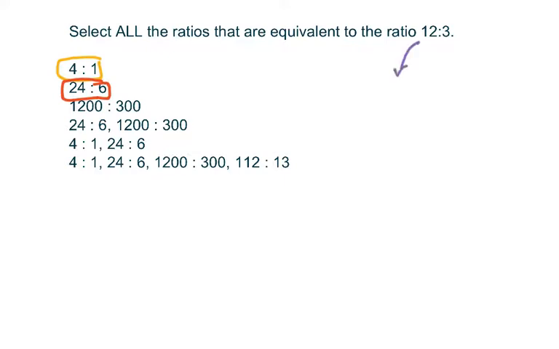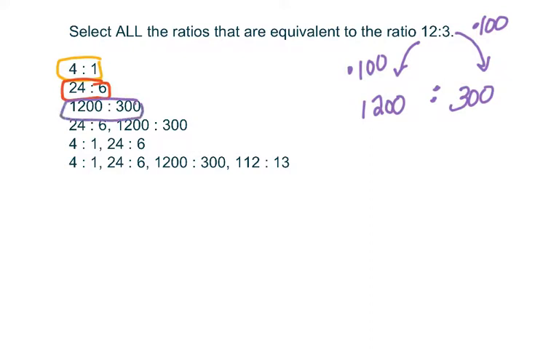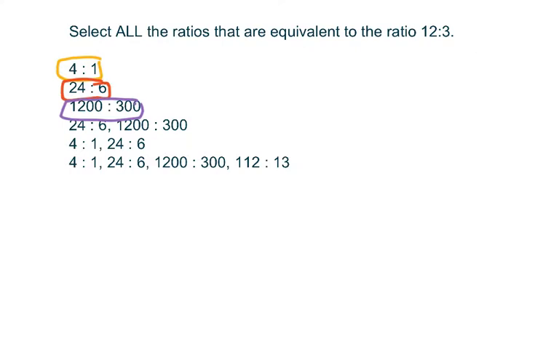So if I think about doing this with multiplication, 12:3, and if I multiply by 100, that will give me 1,200 on this side. And if I multiply by 100 on the other side of the ratio, it will give me 300. So I feel like I found my 3 single ratios, and now I'm going to look at the answers and see which ones combine some of these and see if I can pick the right ones.